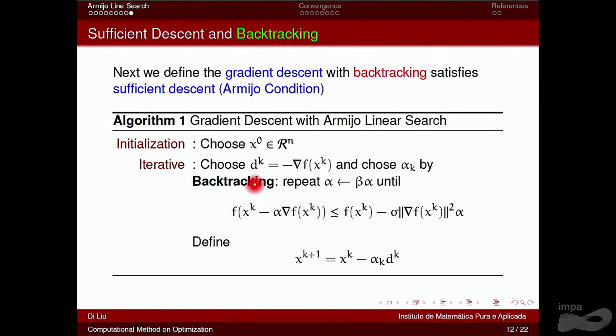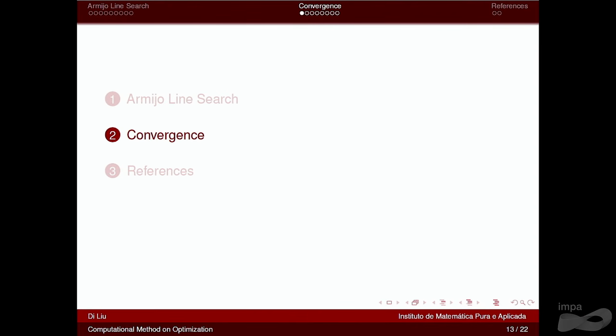You use backtracking, okay? You try alpha. If it doesn't work, you try beta times alpha until this inequality is satisfied. As long as this inequality is satisfied, you stop and you go to the next point by this scheme, okay? This is what we call gradient descent with Armijo line search. And actually, this algorithm converges.